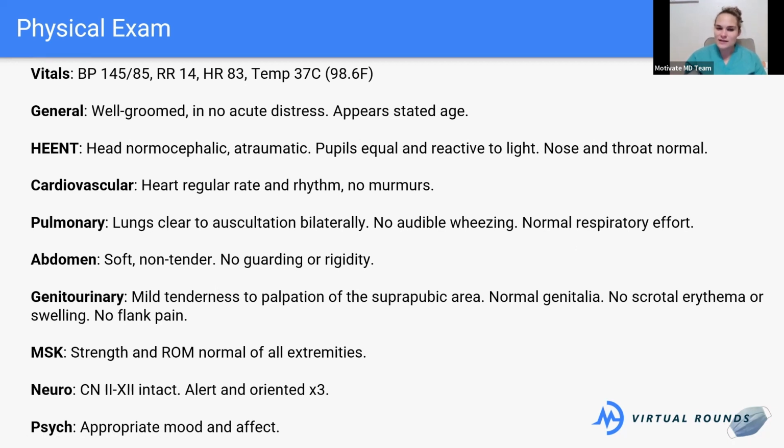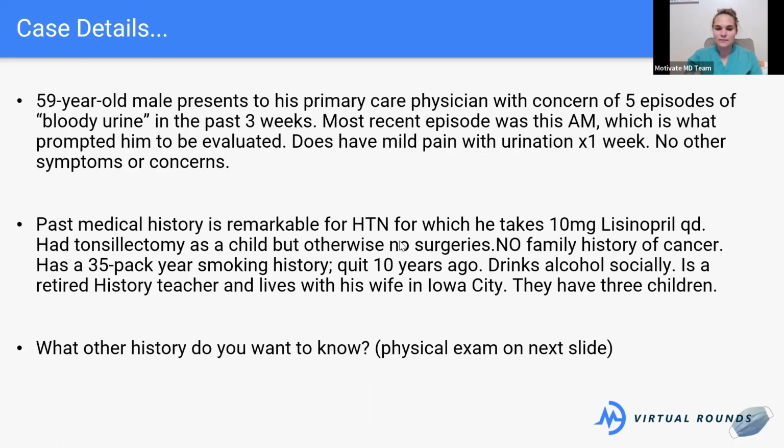There is some mild tenderness to palpation of the suprapubic area, but he doesn't have any flank pain. His scrotum is not swollen or red at all, and he is neurologically intact. His mood and affect are appropriate, and MSK is grossly normal. Do you have any questions that you want to ask this patient? I can come back to the HPI.